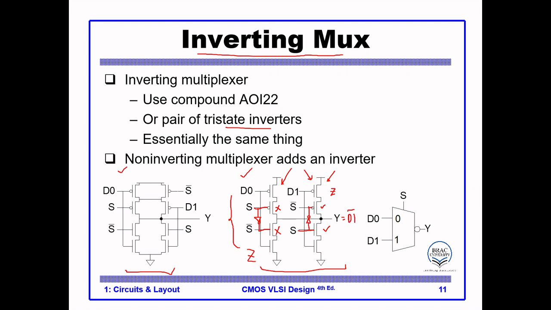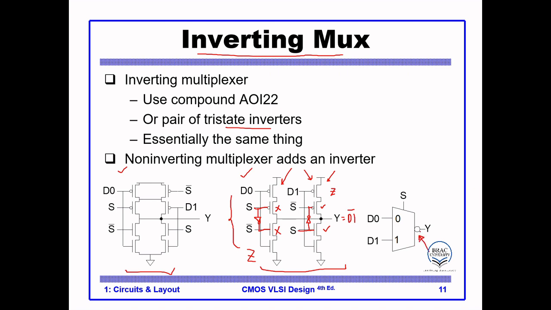So we can see that by using two tri-state buffers and connecting their outputs together, and by choosing the selector pins accordingly, we can create a 2 by 1 inverting mux.